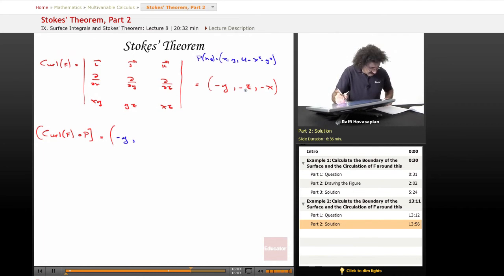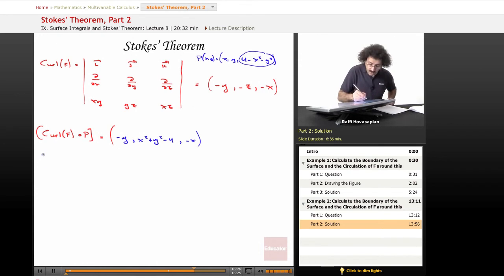Minus z is minus this thing, this is z, so it's going to be x squared plus y squared minus 4. And of course minus x stays the same. This is our curl of F of p.